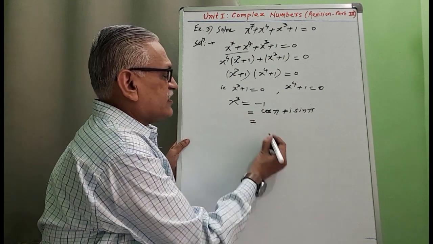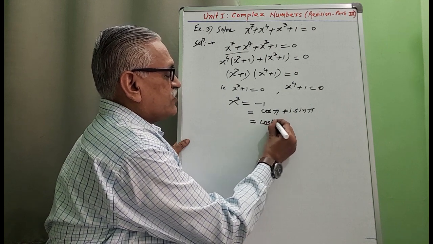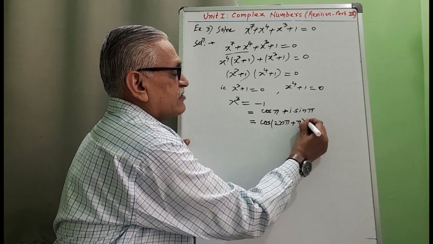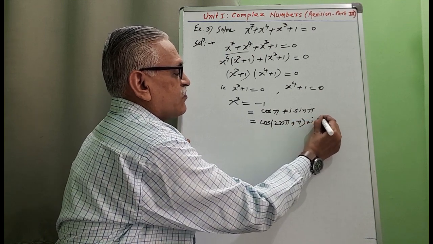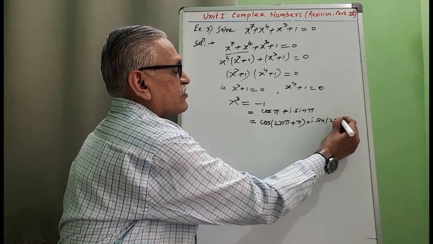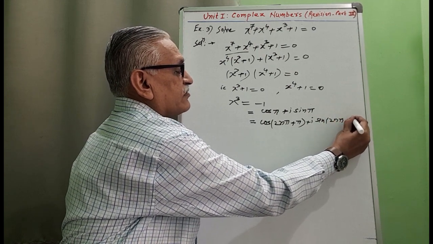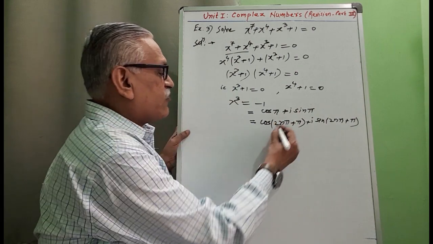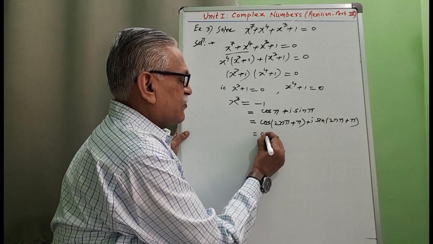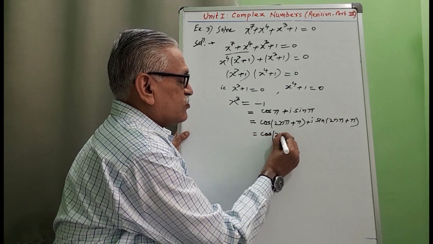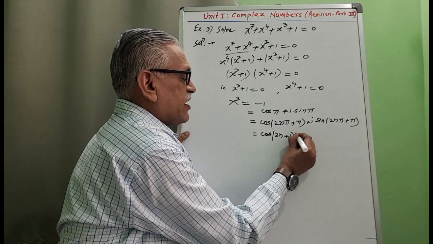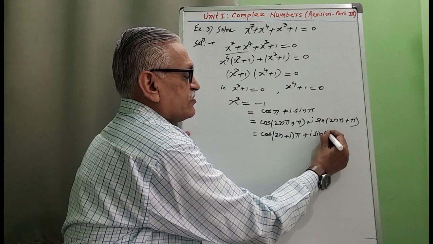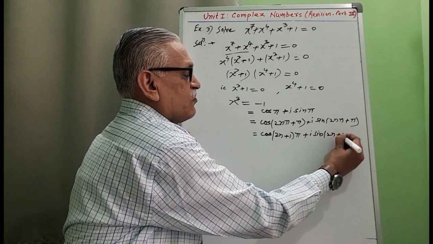Then converting into general polar form, it is cos of 2n pi plus pi plus I times sine of 2n pi plus pi. From these two terms, I can take pi common. Therefore, we get cos of 2n plus 1 times pi plus I times sine of 2n plus 1 times pi.